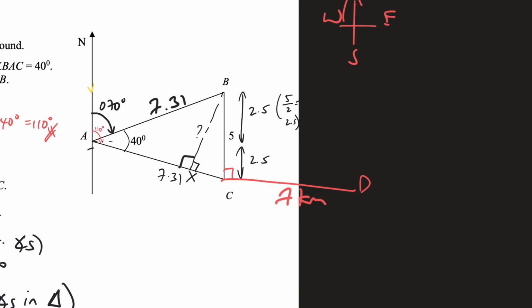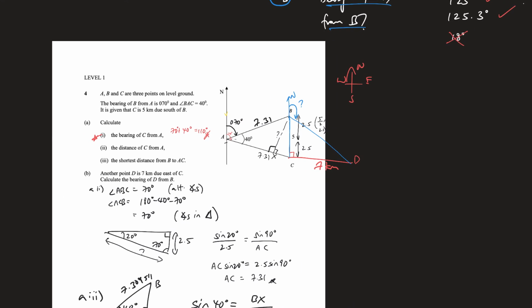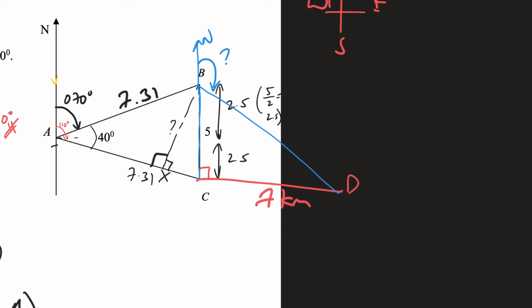Okay. So it's trying to ask you D from B. So let's put the north here. And since this was a perfectly straight line, north and south, it's fine to draw it like this. D from B is what we're looking for. For this triangle, I think we can try to find what this angle is.